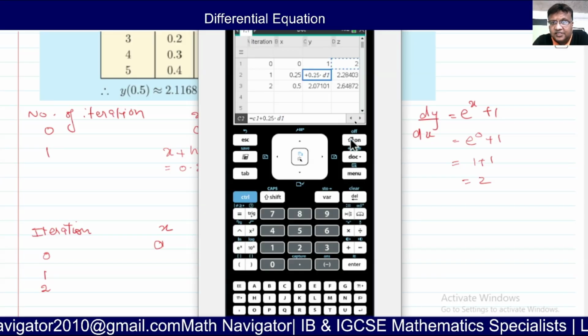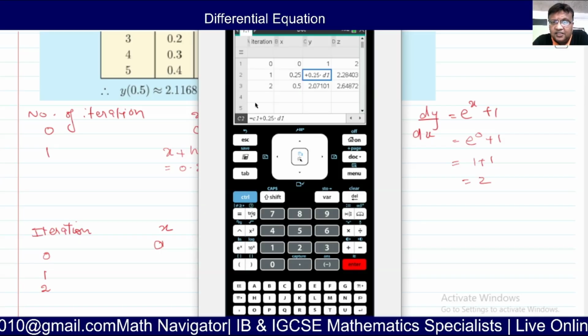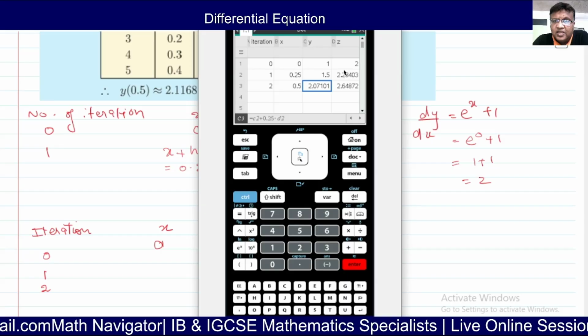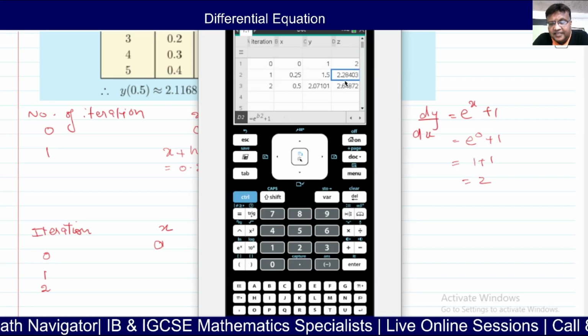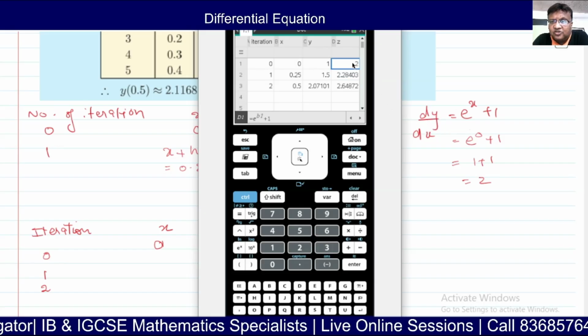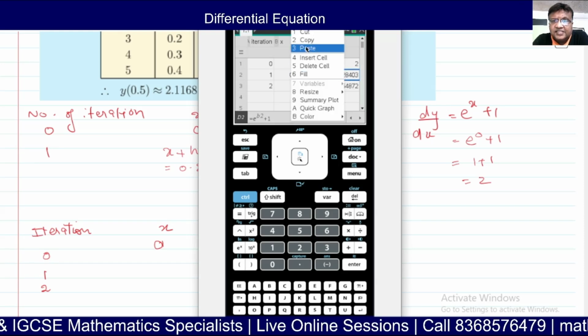Then hit enter, and you'll get the value. This value should be dy by dx, which is e raised to the power x plus 1. We already have the formula here, so I'll copy and paste here.